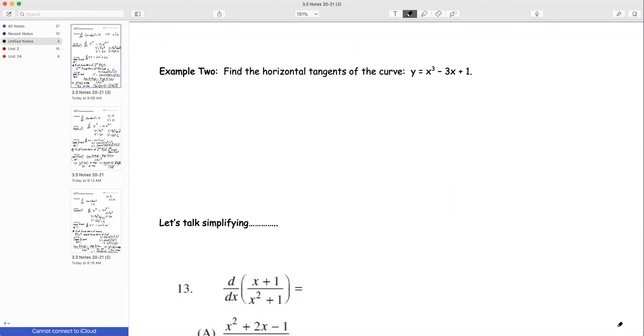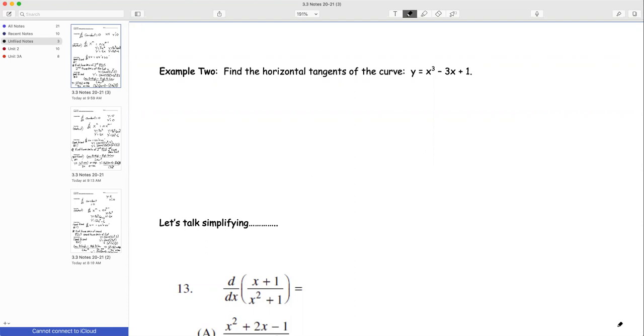Sorry, I'll do this. This says find the horizontal tangents of the curve y is equal to x cubed minus 3x plus 1. Okay, so how do I find the horizontal tangents? That's a good question, Nahal. But take a guess. The key to calculus in the first semester, when in doubt, we are going to take the derivative, right?